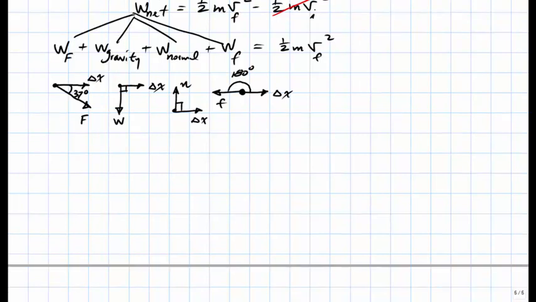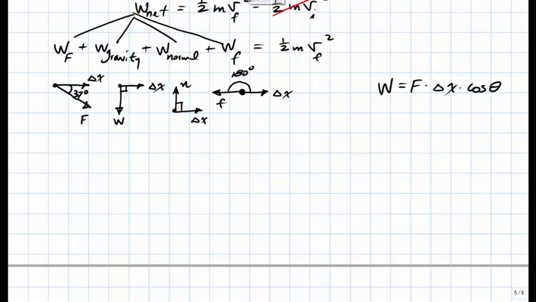Before we proceed, let's recall the work equation. In order to do work, let's recall that a force has to be applied. That force has to cause a displacement, and we also have to consider the angle between the force and the displacement.